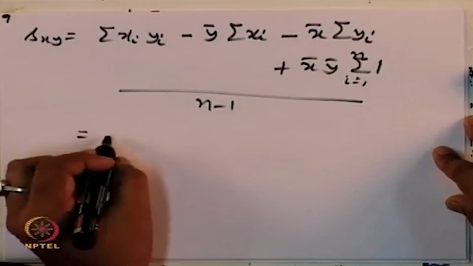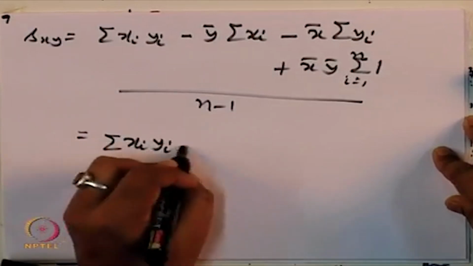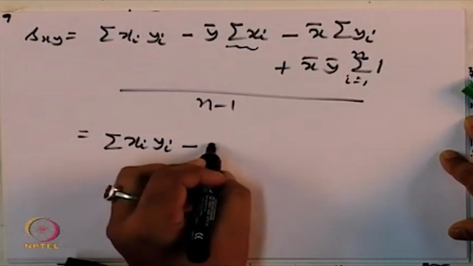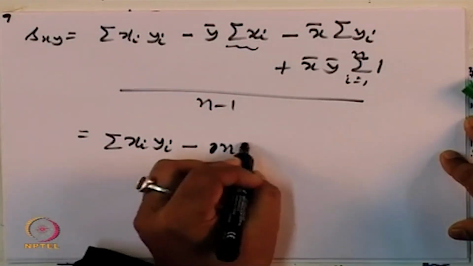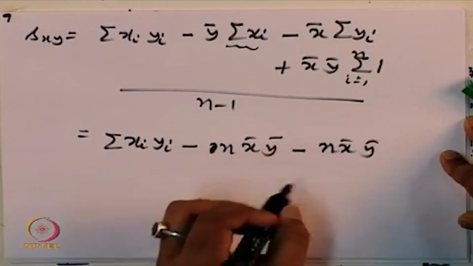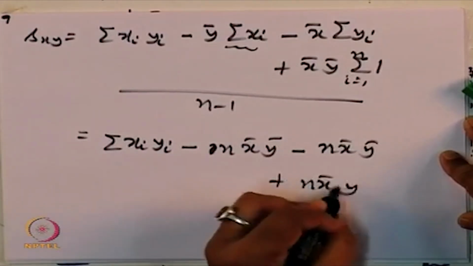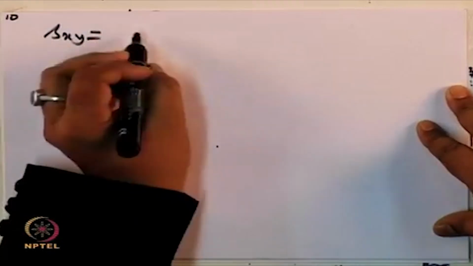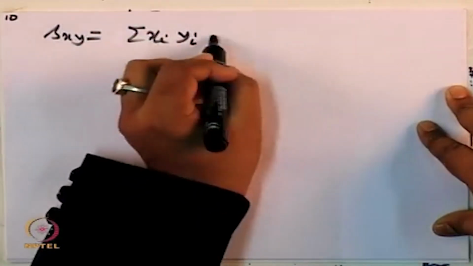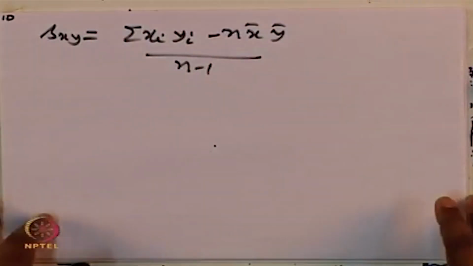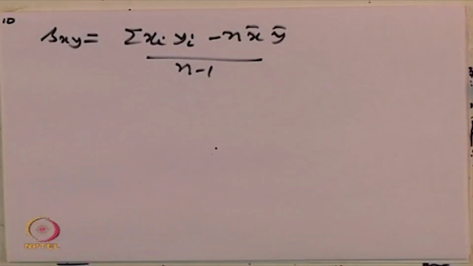Okay. So I can rewrite this. The summation xi is nothing but n times x bar. So I can write this as n x bar y bar minus, similarly here, n x bar y bar plus n x bar y bar, by n minus 1. This gives me the formula that Sxy is the summation xi yi minus n x bar y bar, by n minus 1. Okay. So this is the definition of covariance.